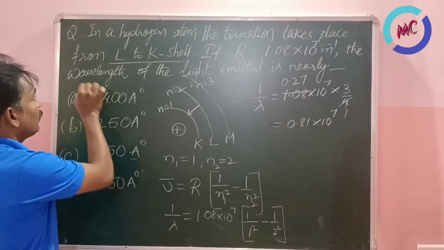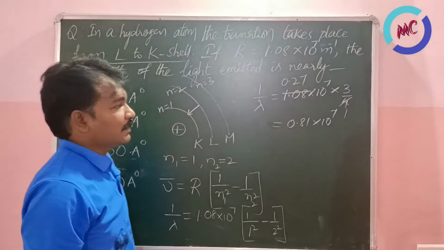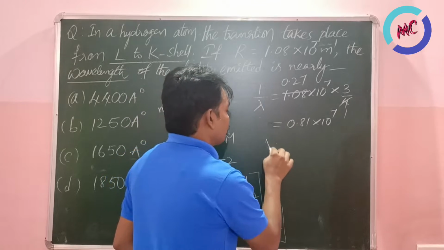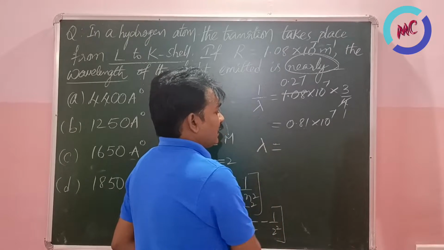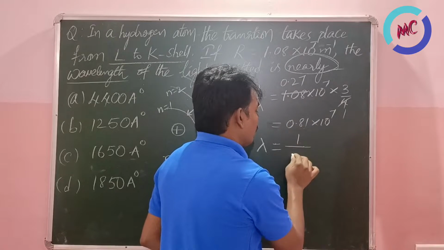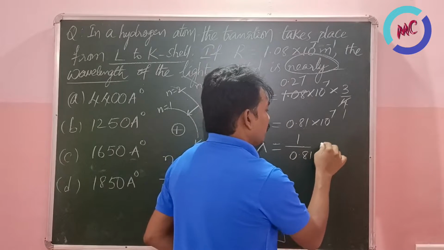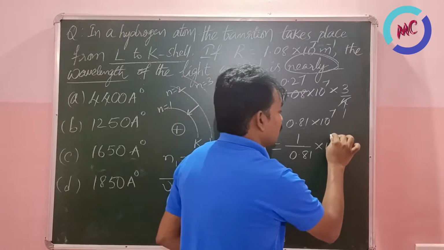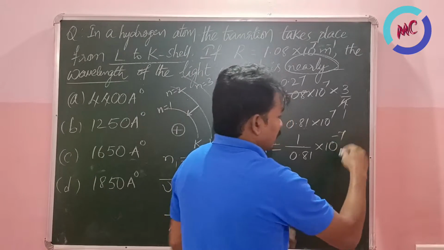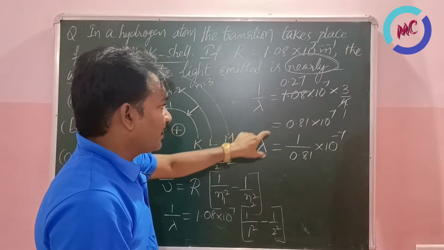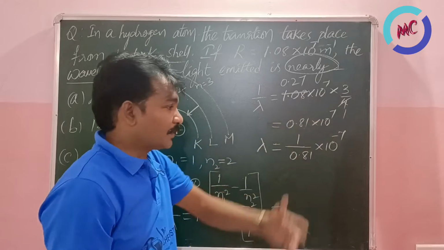But actually we want wavelength. We want wavelength in the sense we have to reverse the value. Therefore I am writing wavelength lambda is equal to, we will reverse this one, then we will get 1 by 0.81 into 10 to the power of this 7 becomes minus 7 because we are taking reverse. See here, 1 by lambda becomes lambda, these values become upside down.